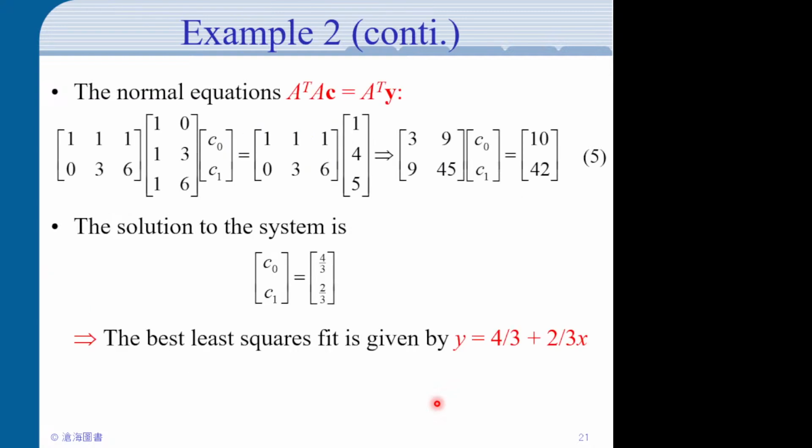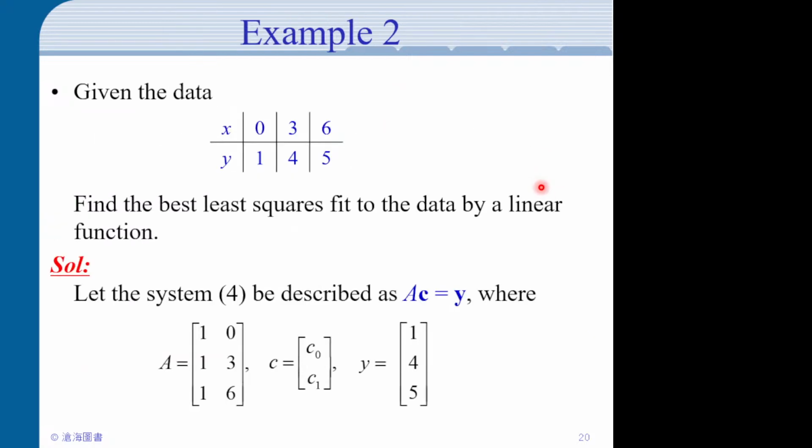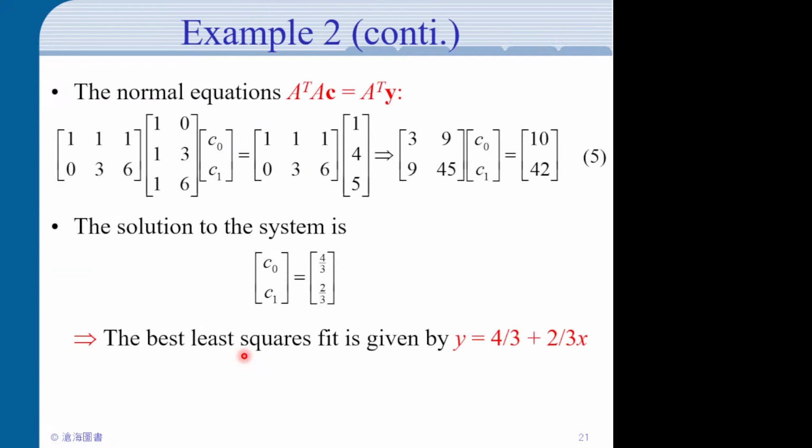And we do our normal equation: multiply both sides by A transpose. Then you get these two equations with two unknowns: the matrix 3, 9, 9, 45 times C equals 10, 42. Here we have a unique solution because the two columns of A are linearly independent.